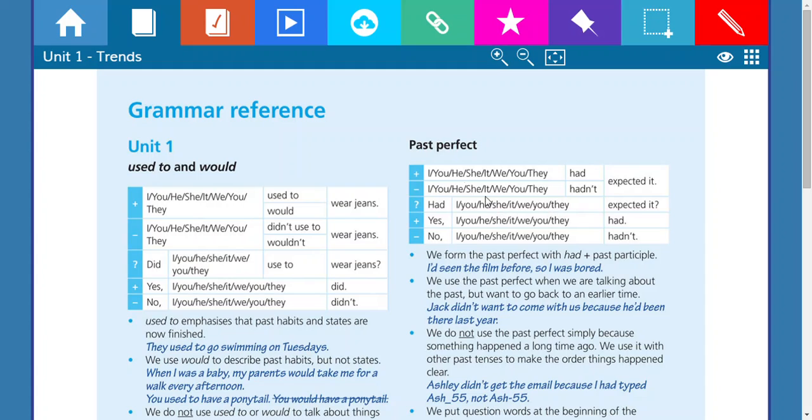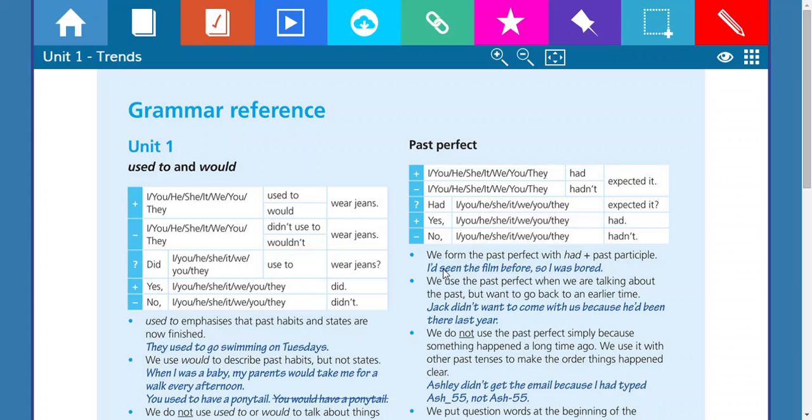Look, past perfect: affirmative, negative, questions, and positive and negative answers. We form the past perfect with had plus the past participle. Okay, so be careful. The past participle, the last part.